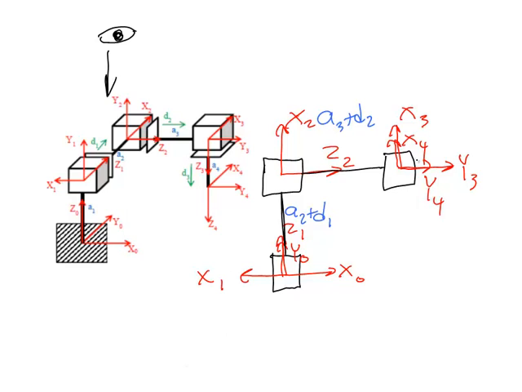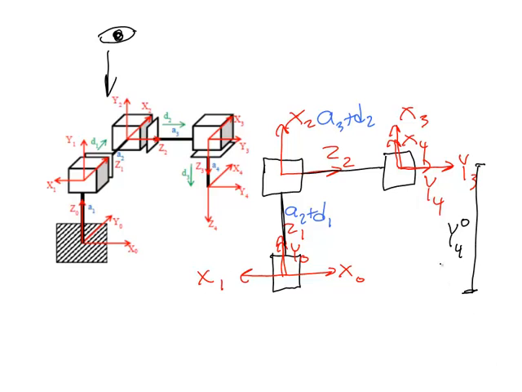In terms of the location of our end effector, which value, x, y, or z, does that represent? Well, Y0 is the one that is pointing in this direction. So this distance here is equal to the y position of frame 4 relative to frame 0.